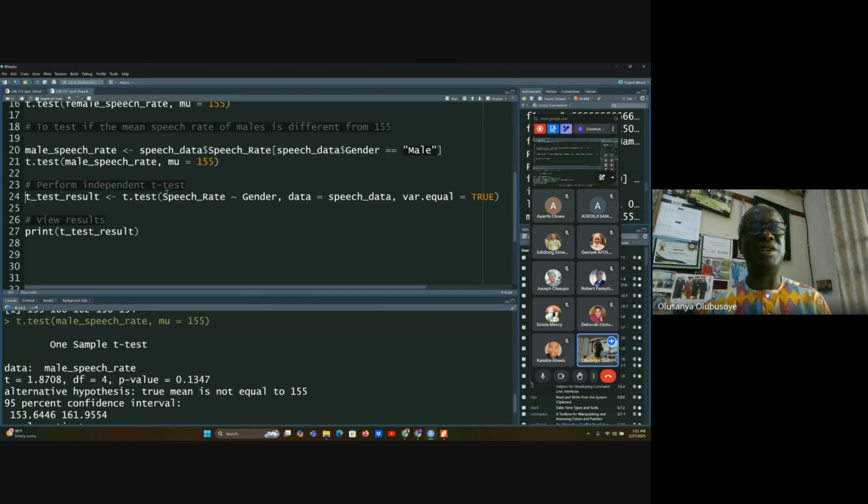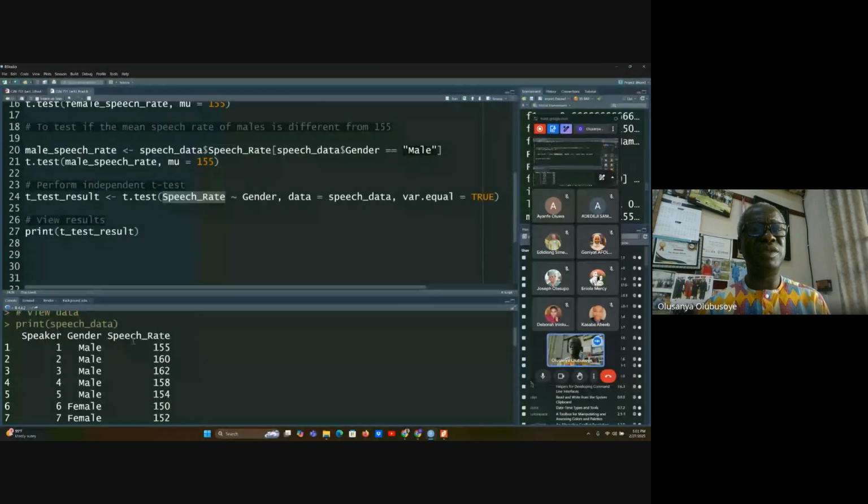Then we use the t-test function, and we specify the speech rate. The speech rate, as I told you, is our dependent variable. That's why it's on this side. And then gender is our independent variable. This sign is a tilde, which separates them: dependent against independent.